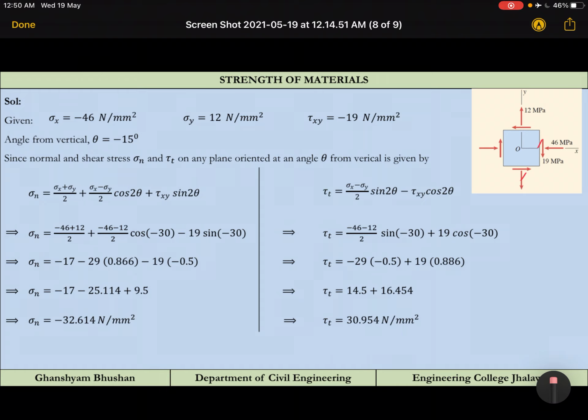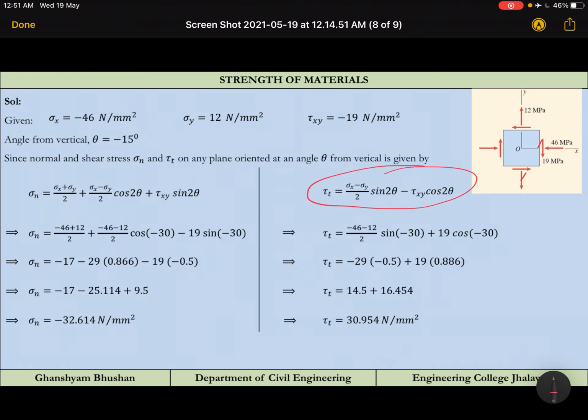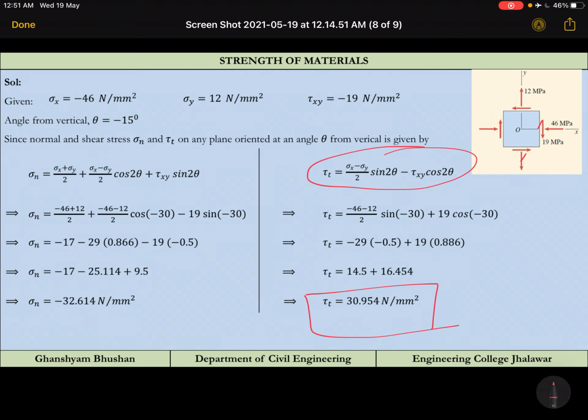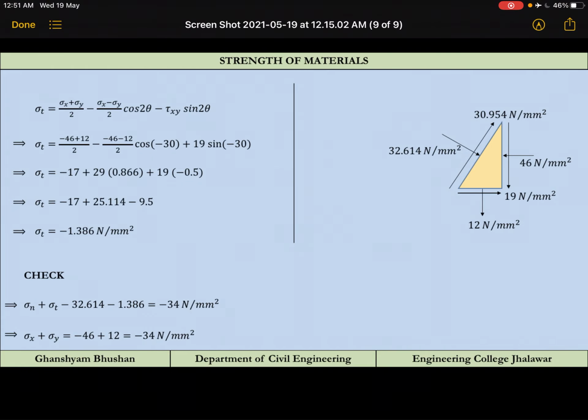So derive the equations and follow the directions very carefully. Now sigma n we have calculated, just put the values in the formula of tau t. After calculation tau t is coming out to be positive, that means the assumed direction is correct. Clear? Now check, sigma t is coming out to be minus 1.386.